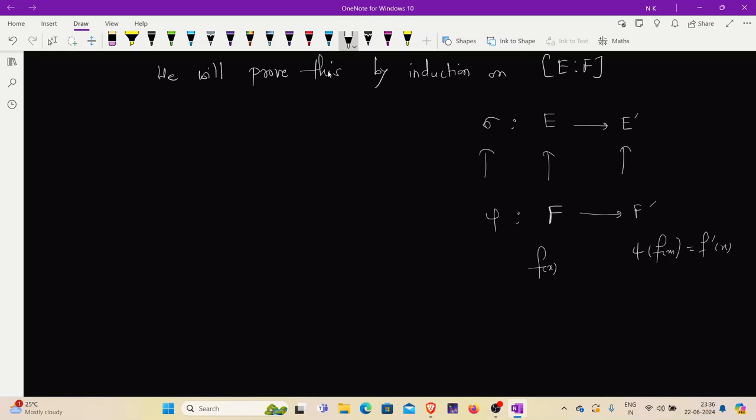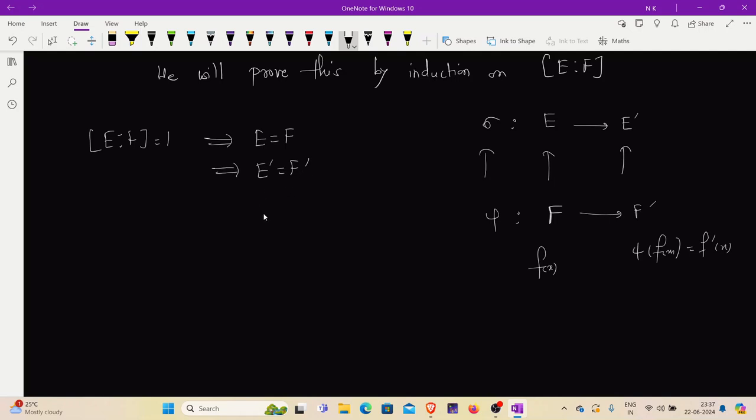So I will just abbreviate all these concepts. If the degree of extension of E over F equals 1, this clearly implies that E equals F, and if E equals F, then definitely E dash equals F dash, because E and F are the same. So this implies E dash equals F dash, right? And in this case the extension is only one, that is identity, nothing else.